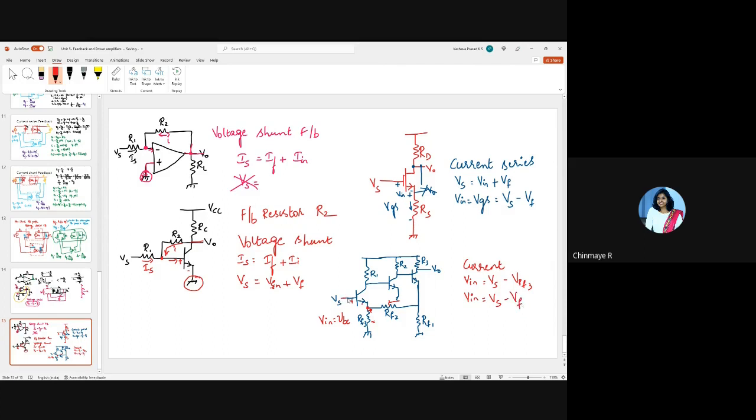Whereas if Vs is the input, then let's say the current flowing through this is Is. Can you express Is here as Iin minus If? The current at the input here, can you express it as Iin minus If? No, you cannot express it, right? You can express only the voltage at this point, Vs minus Vf is equal to Va.